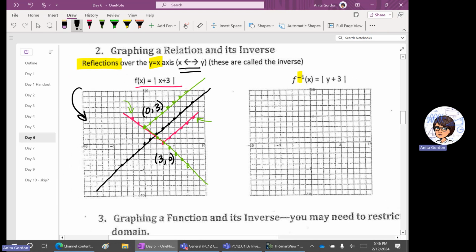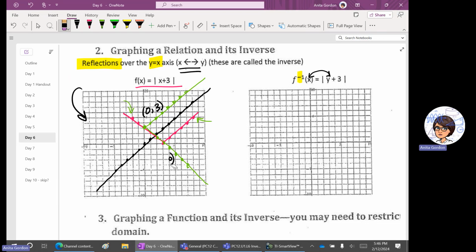Some examples I've seen are where the x and y switch places, and then you just have to resolve for y, but essentially you're doing the same thing. As long as you can understand mentally, visually what we're doing, we are folding our graph in half along the diagonal of the black line: 1, 1, 2, 2, 3, 3, 0, 0, etc. You are swapping.